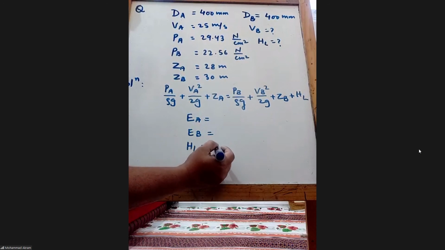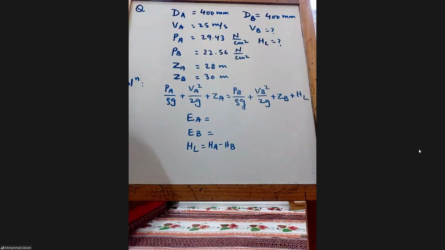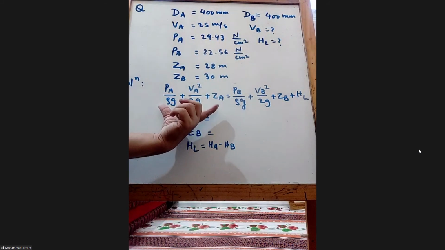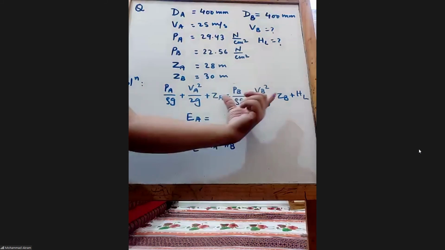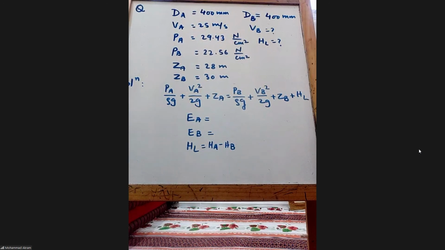HA minus HB. To make your calculation simpler, calculate these separately and take the difference between the two. This will also give an indication of which direction the flow is.